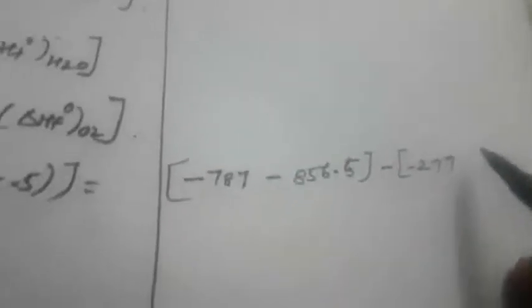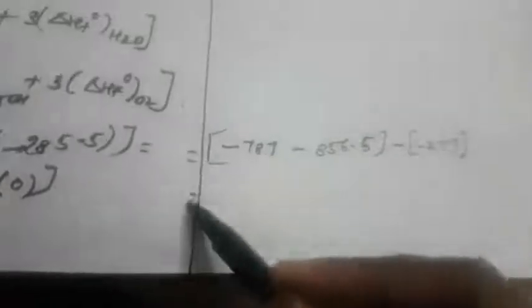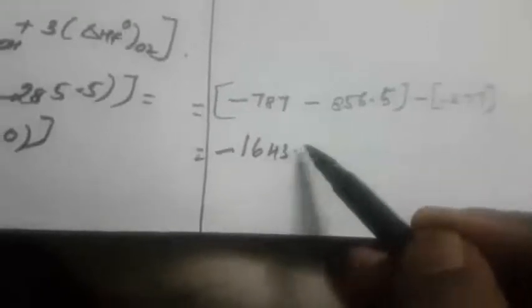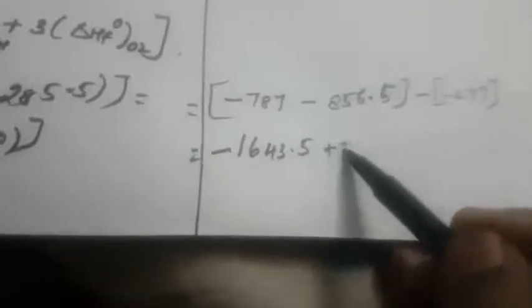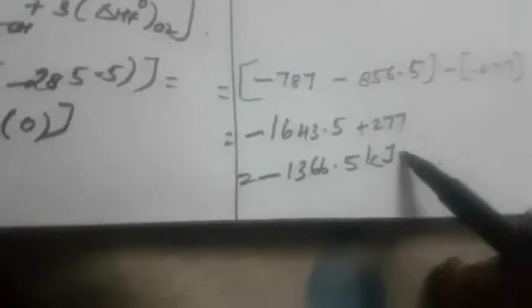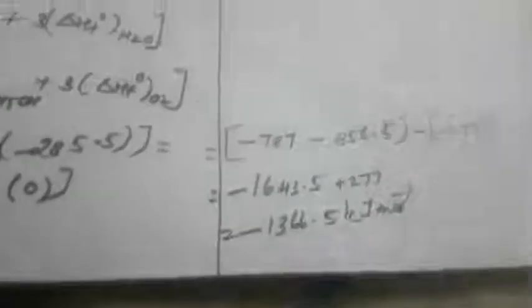Simplifying that: minus 1643.5 plus 277 equals minus 1366.5 kJ mol^-1. Okay, so this is the answer for this sum.